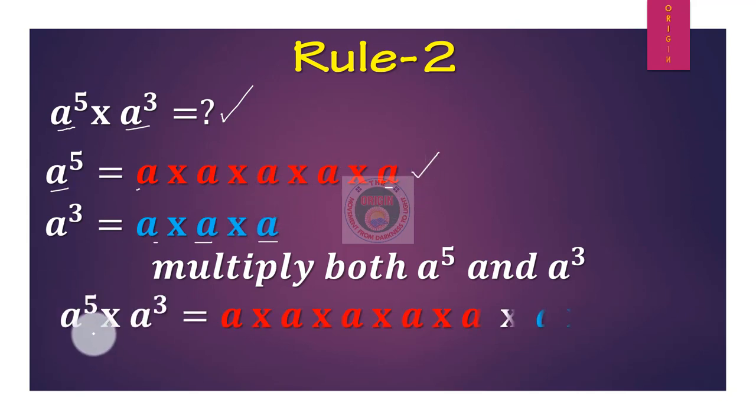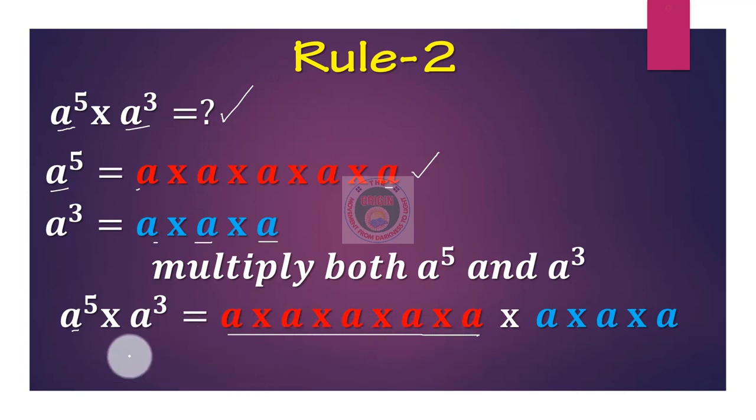A power 5 is a multiplied by 5 times, and a power 3 is a multiplied by 3 times. Here, what is the result? Total how many a's are here? Check: 5, 6, 7 and 8.